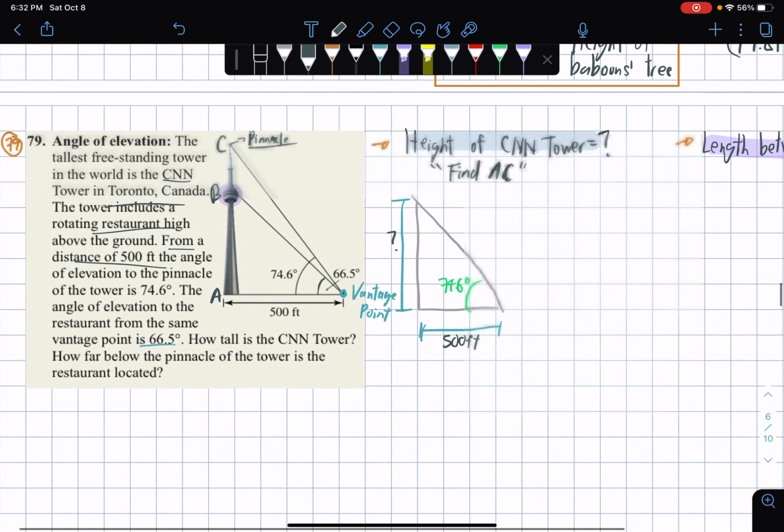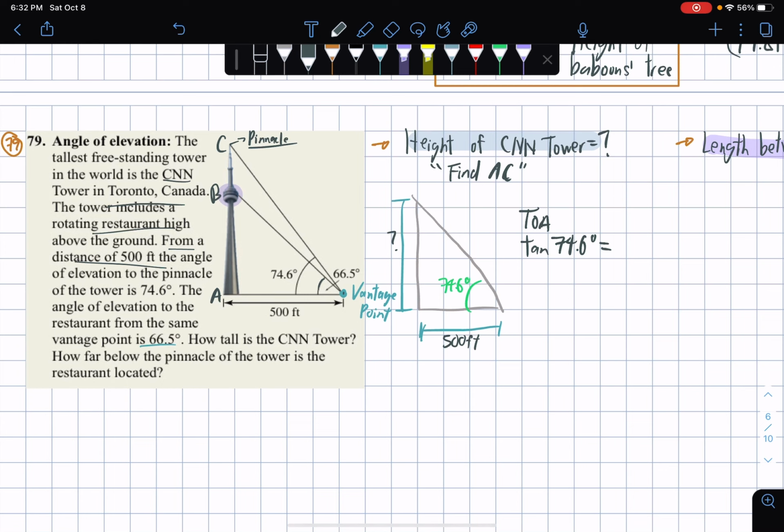So given a missing opposite side and a given adjacent side, we use TOA. Tangent 74.6 degrees is equal to the opposite side over the adjacent, which is 500 feet. Opposite side is equal to 500 tangent 74.6 degrees.